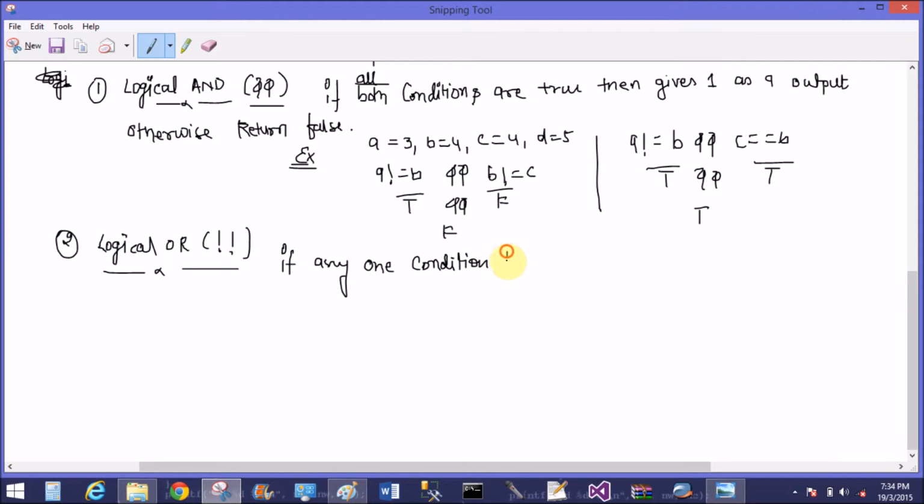If any one condition is true, then return true, I mean to say 1, otherwise return false.